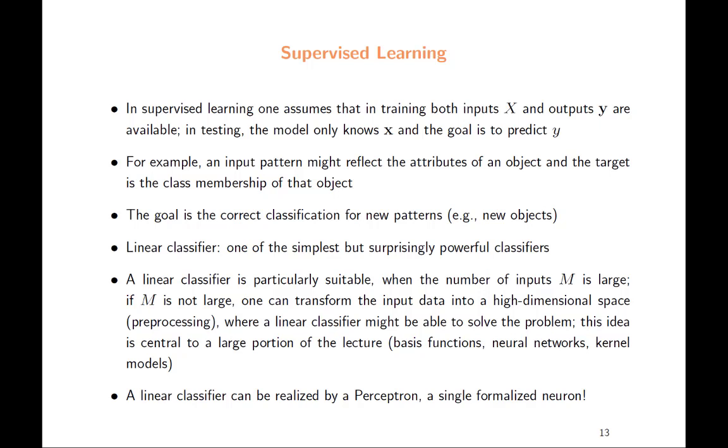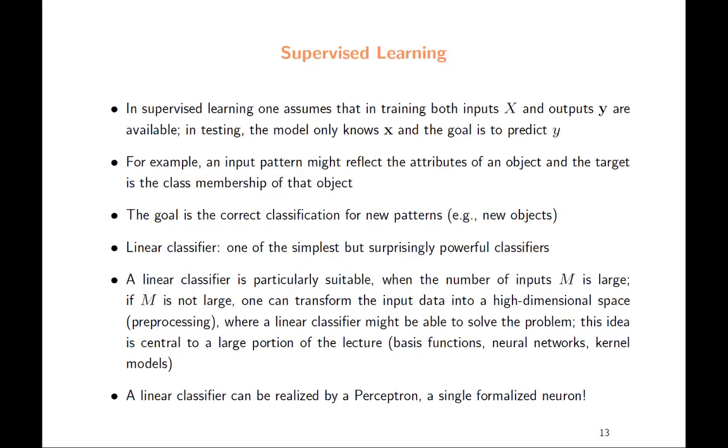A linear classifier is one of the simplest but surprisingly powerful classifiers, and it's particularly suitable when the number of inputs m is large, because then a linear classifier often separates the classes quite nicely. And if m is not large, one can transform the input data into a high-dimensional space by a preprocessing step, where then a linear classifier might be able to solve the problem.